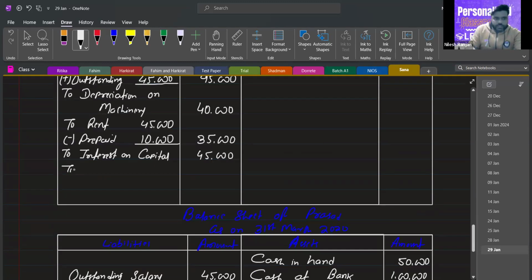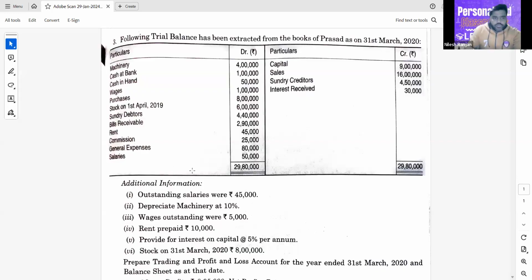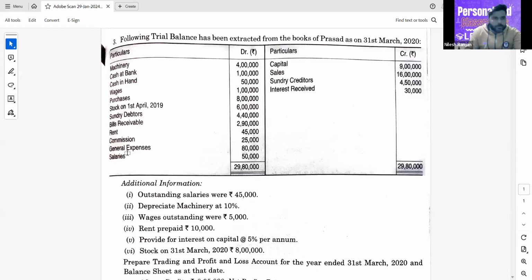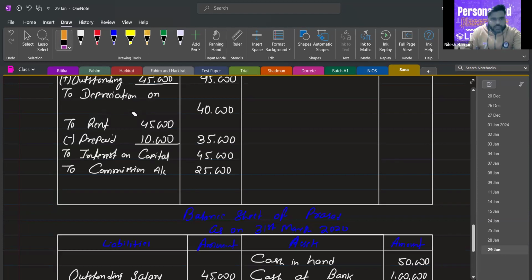So we will write here to commission 25,000. There is general expenses. Let me write it.